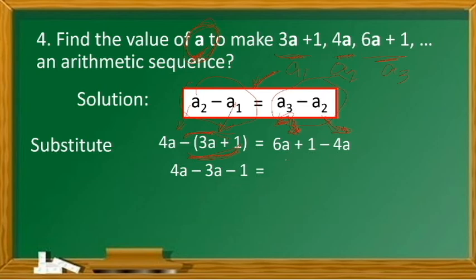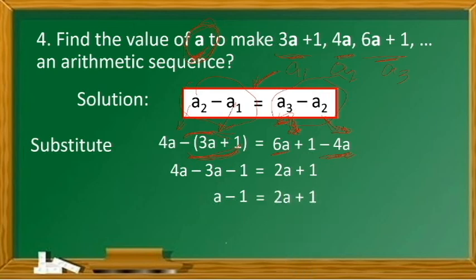On the right side, we have similar terms, 6A and negative 4A, so 6A minus 4A is 2A plus 1. On the left, we have similar terms, 4A minus 3A, and the result is 1A or A, minus 1 equals 2A plus 1.